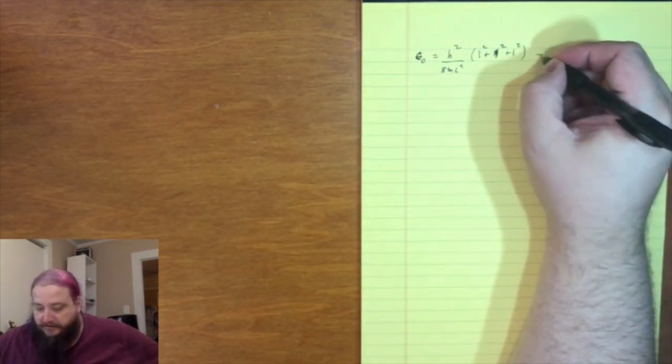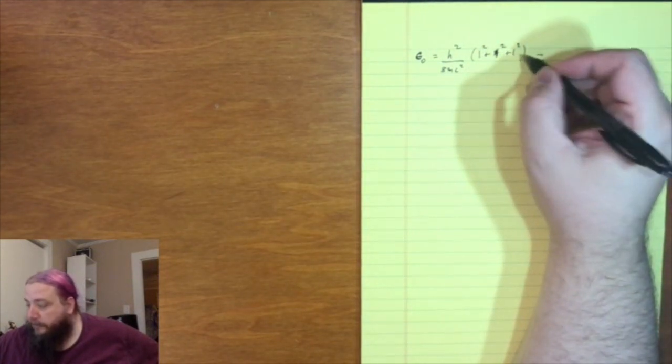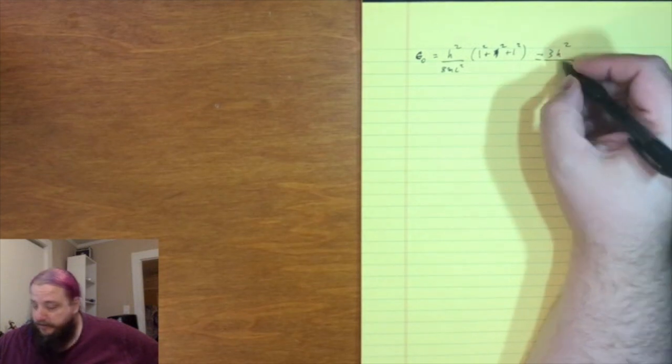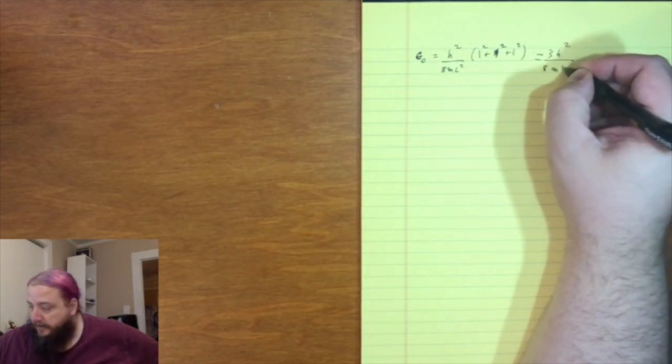So this is just 1 squared plus 1 squared plus 1 squared, which is 3h squared over 8mL squared.